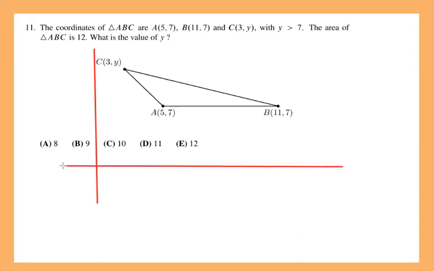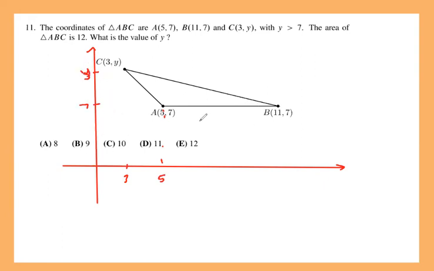Drawing the x and y axis is helpful to see what's going on. This is the 3, then that will be 5, and then this is going to be 7, and then this is the y value.